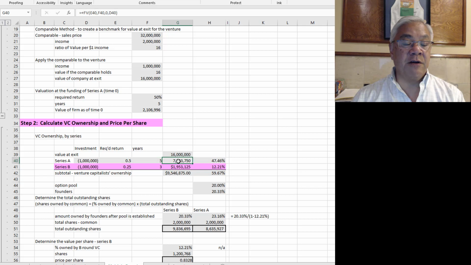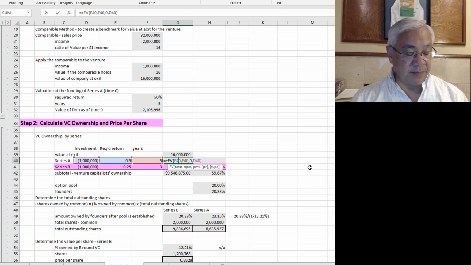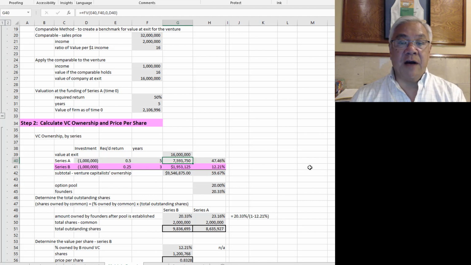So this figure here is the future value of the 0.5 or 50% rate of return for a period of 5 years, with 0 payments because there's no cash flow during the years. And then the beginning balance of $1 million means that at the end of year 5, they expect to get $7.5 million. That's the same as scenario 1 and scenario 2.